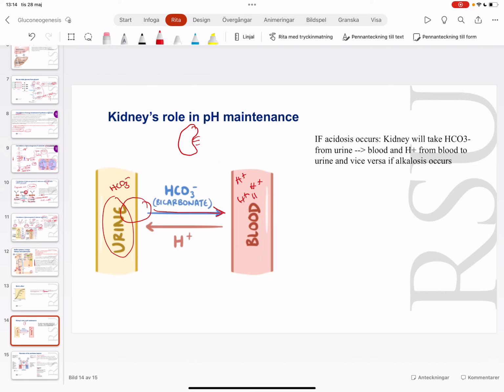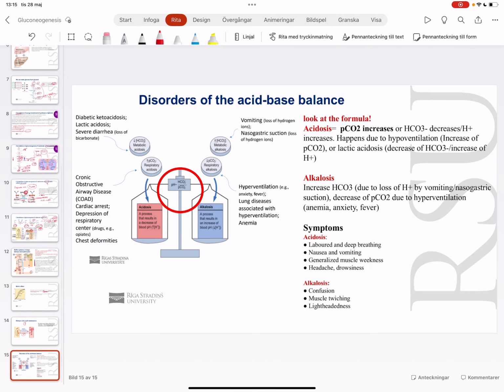When that happens, the bicarbonate ions will react with these hydrogen ions, form carbonic acid, and neutralize the blood. At the same time, the kidney will take hydrogen ions from the blood and transport them to the urine, and in that way they can regulate the pH. This happens in acidosis, but similarly can happen when there is alkalosis.